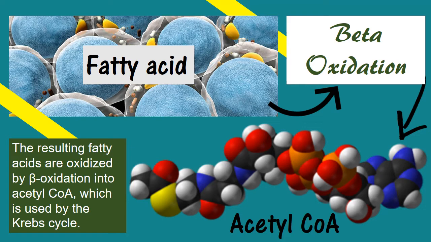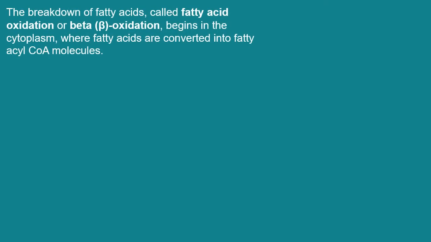Therefore, when glucose levels are low, triglycerides can be converted into acetyl-CoA molecules and are used to generate ATP through aerobic respiration.